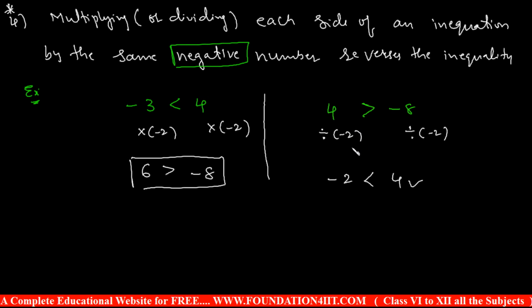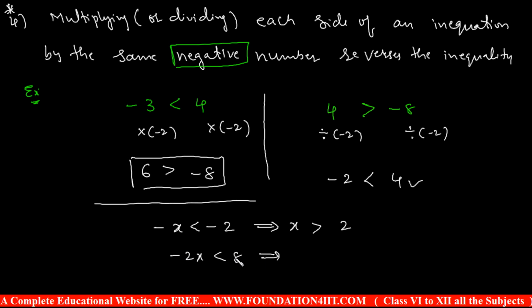Based on that, let us take variables. For example, minus x is less than minus 2. If I multiply both sides by minus 1, minus x becomes plus x, minus 2 becomes plus 2, and the less than symbol should become greater than. Similarly, if minus 2x is less than 8, multiplying by minus 1 gives plus 2x and minus 8, and the less than symbol should become greater than.